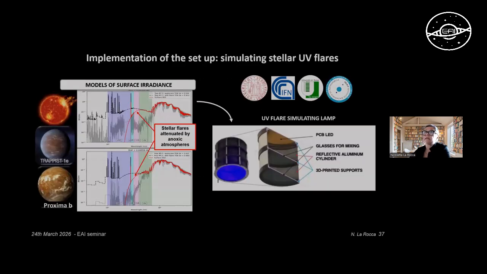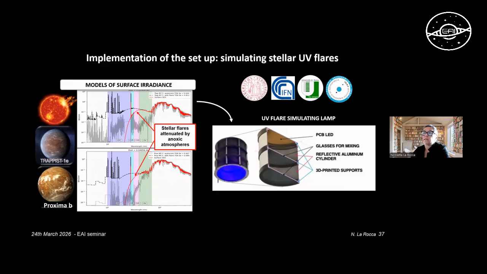And finally, in the last 2 years we had a grant, and we decided to implement our setup with simulating stellar flare equipment. So we also decided to simulate stellar flare at the planet surface.